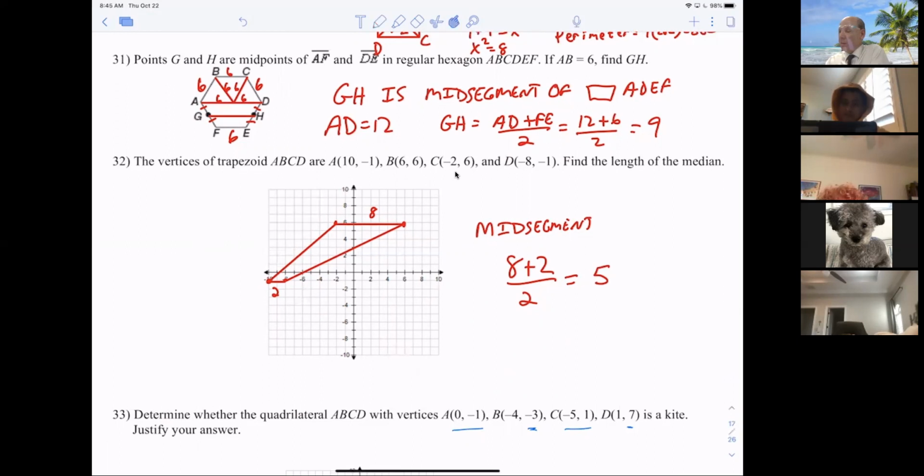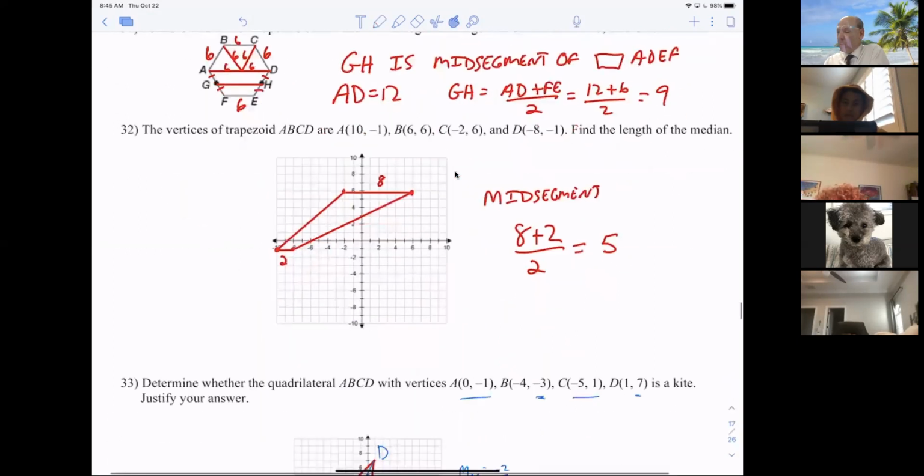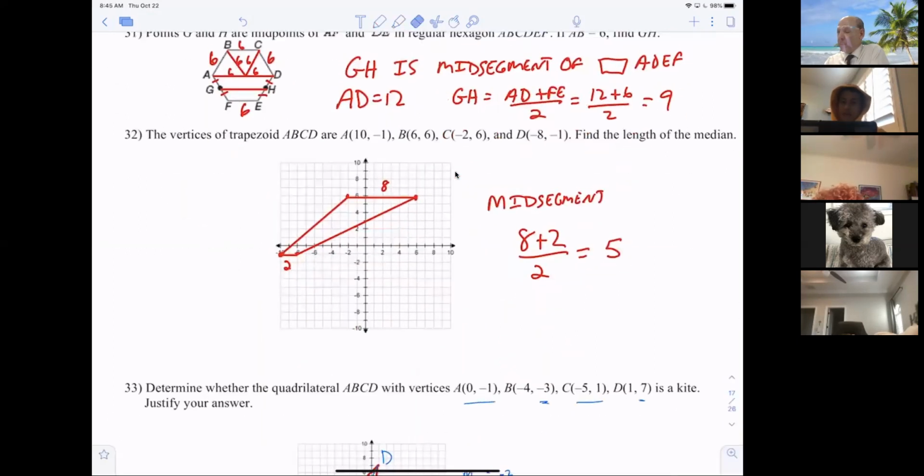Let's redo this one. I don't think I can redo it. Yeah, because I already copied it. All right, so let me just fix this real quick. So 10, -1 is way over here. So now you see it, right? So it's this way. Let me just recopy this.